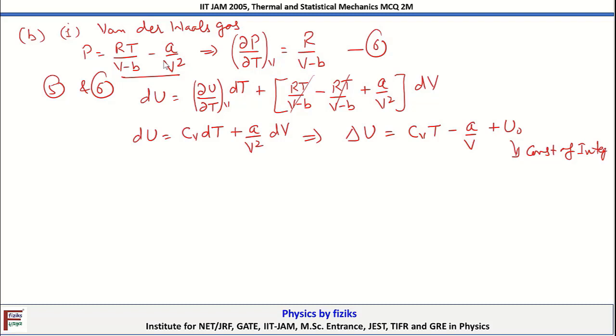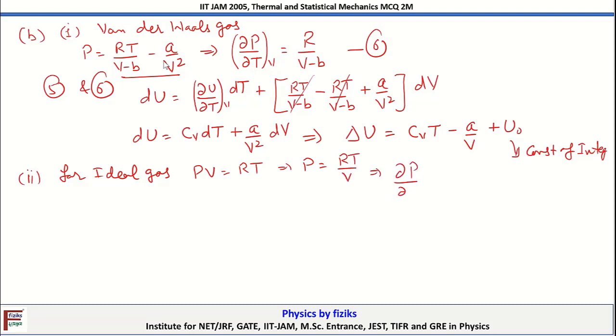In the same way we can work out the expression for dU for the case of the ideal gas. For 1 mole of ideal gas, we have PV equal to RT, or P equal to RT upon V, which implies dP by dT at constant volume is equal to R upon V simply. Let's call this equation 7 and this equation 8.